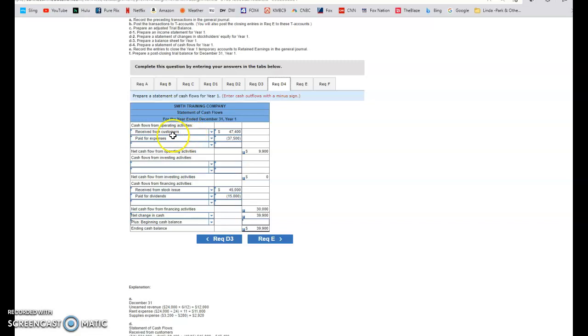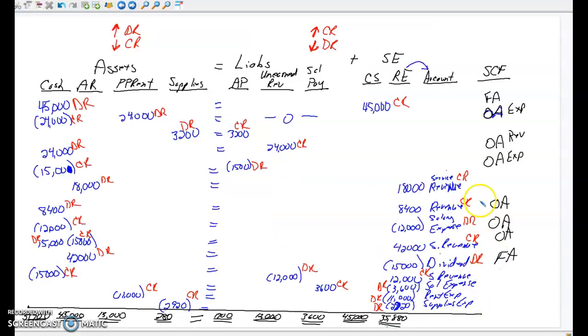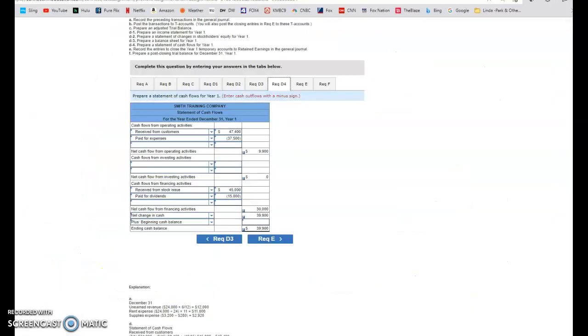Okay, so it added up the positives, the 47.4, and then added up the negatives. So again, these that were operating, let me just circle them here. So let me do the positives. 24,000, 8,400, and then this 15,000. 24,000, 8,400, and 15,000.